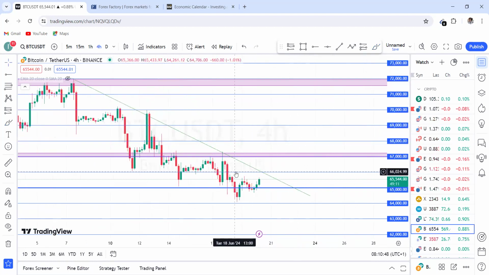So should it break this line here, this trend line, that should be a confirmation of a movement to the upside. But then what do we know? Let's keep praying, because let's keep our eyes on it. We are not the market makers. So that is it for Bitcoin.